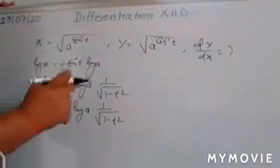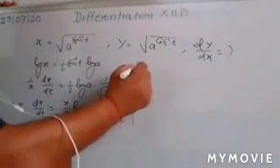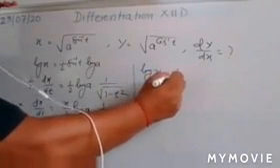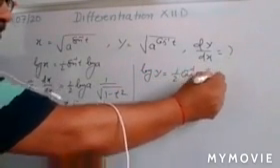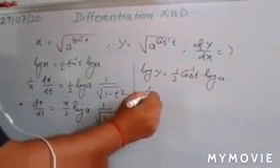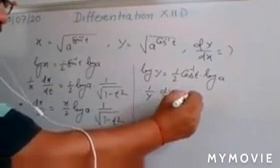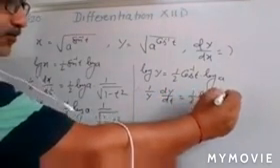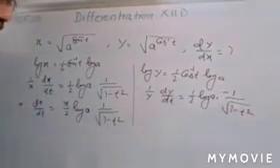In the same way, in terms of y, you have log of y is equal to 1 upon 2 cos inverse t into log of a. So differentiating, you have 1 upon y dy by dt is equal to 1 upon 2 log of a into minus 1 upon under root 1 minus t square.